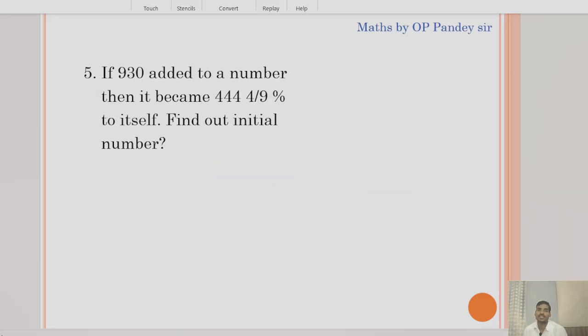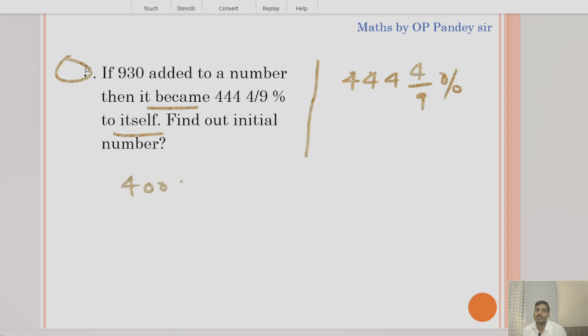Now, question number 5. If 930 is added to a number, then it becomes 444 4/9% of itself. Find out the initial value. First of all, change 444 4/9% into fraction form.